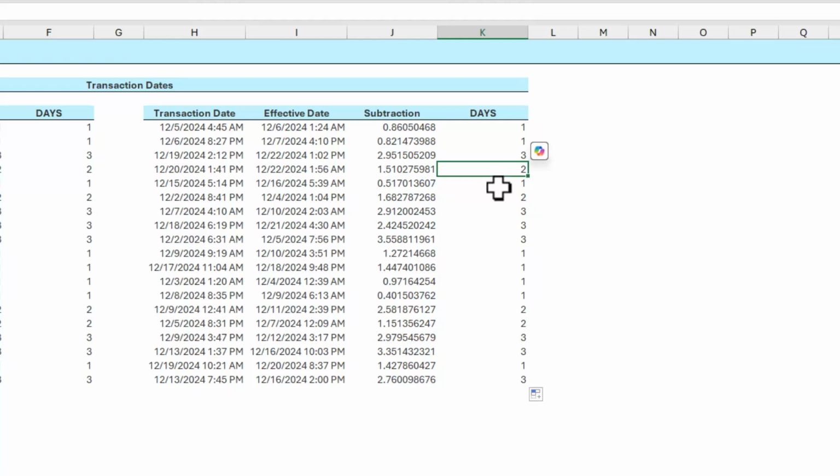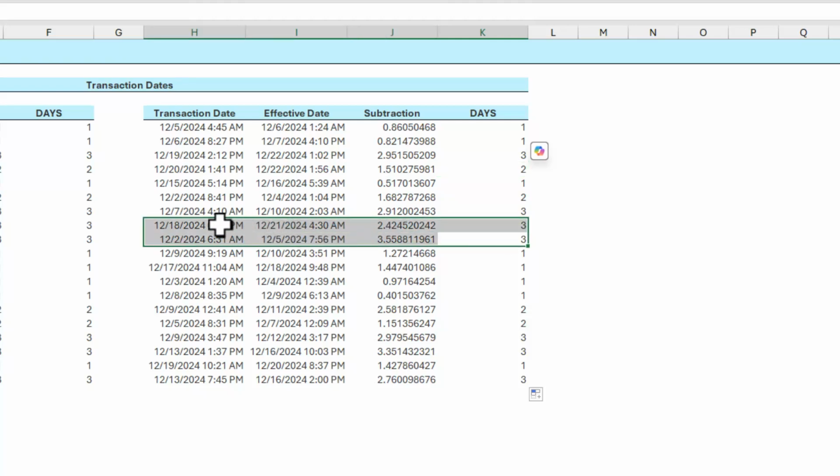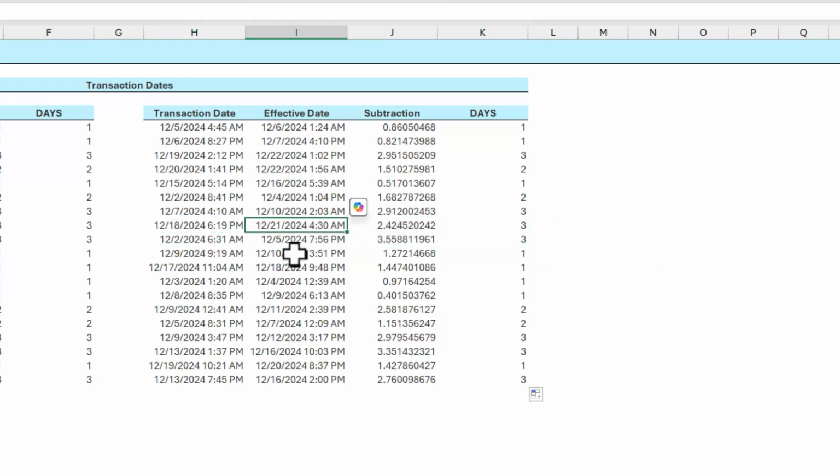And you see that right down here we have a bunch of different values that seem like they round, except right in here, for example, 2.4 doesn't seem like it would round to 3, and that's because it's the 18th to the 21st, or 3.55 doesn't round to 3, that's because it is the 2nd to the 5th. And so all it's doing there is chopping off the times and saying if one transaction was on the 2nd and the other one was on the 5th, then that is 3 days in between.